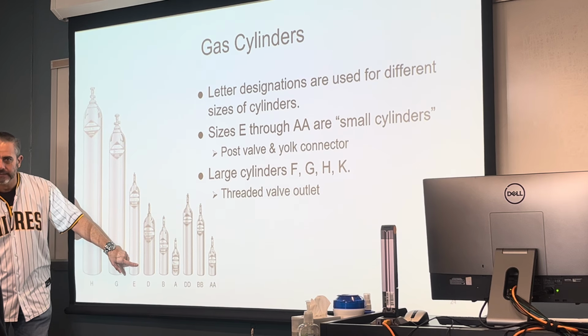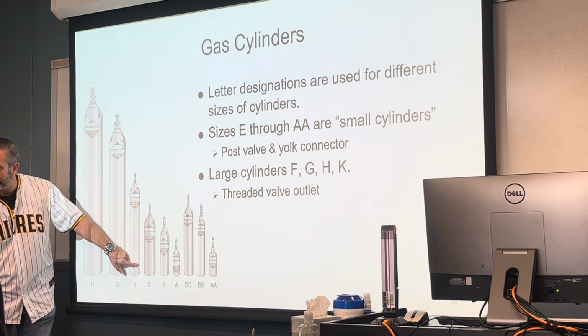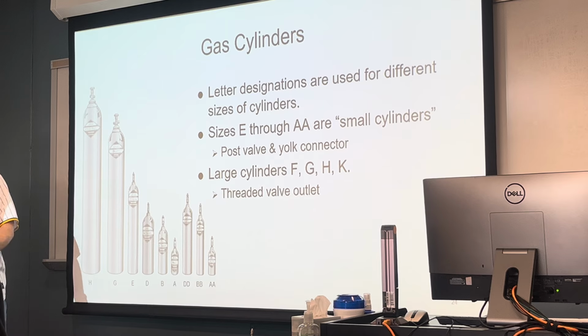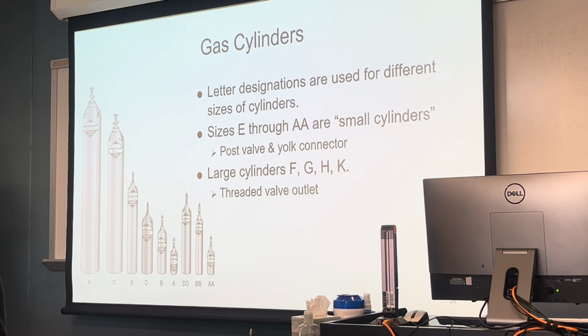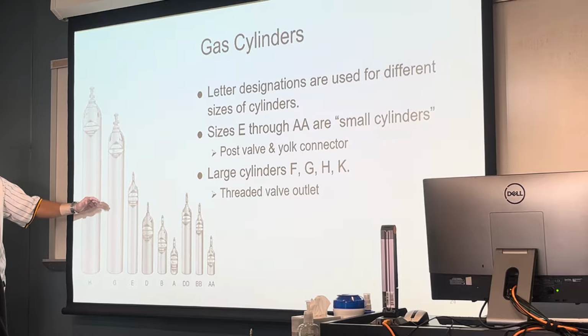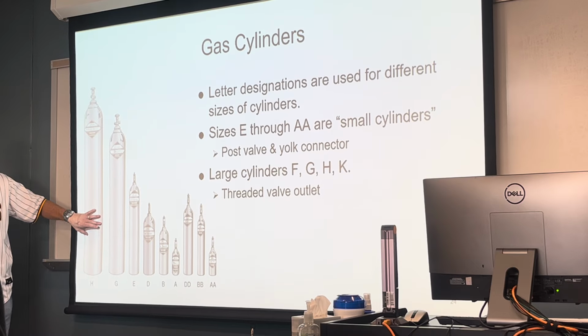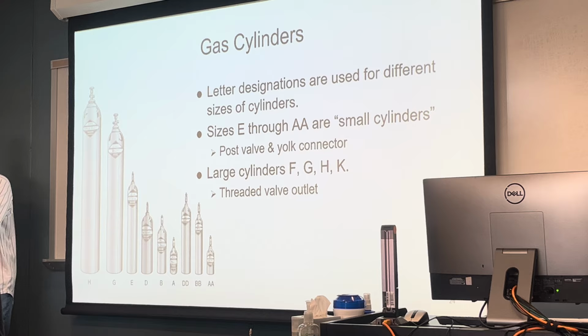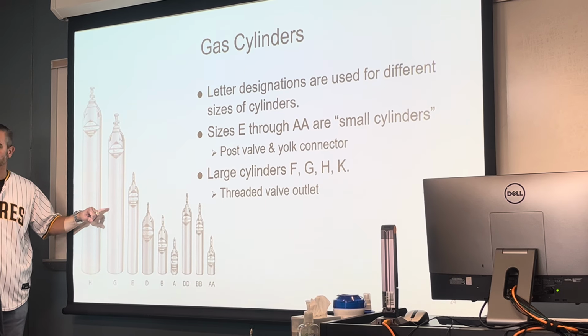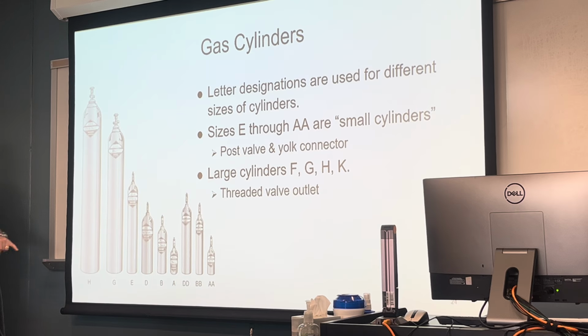It's about this tall, a little past my knee, and we can easily pick it up and carry it, and it's not super heavy. We can move it from patient to patient, transport to transport. These larger sizes are more permanent, more stationary, and not practical to push, pull, or drag around because they're so heavy.